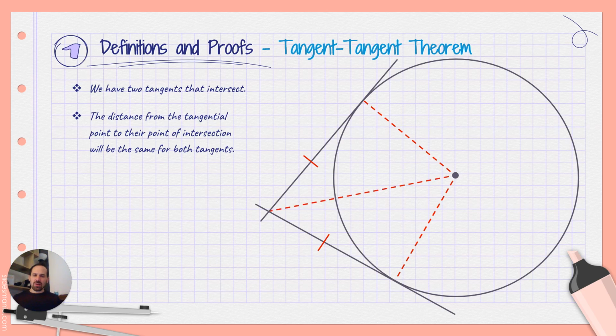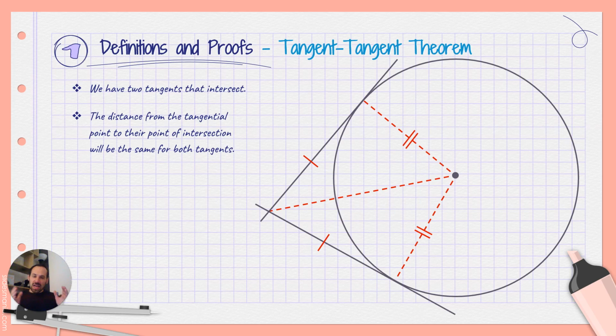And we can see that if we draw this line here, now these two are radial lines again, so we know they're going to be equal to one another, but not necessarily equal to those other lines, the tangent lines. And that line going from the intersection point to the center point of the circle is a common line for both triangles.